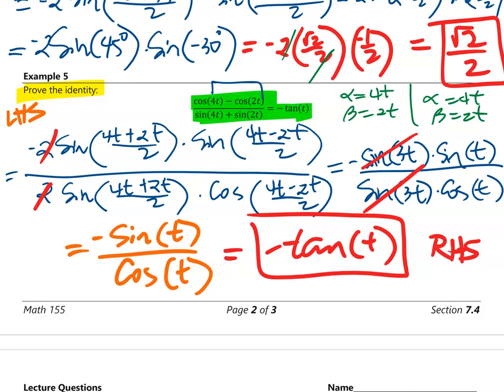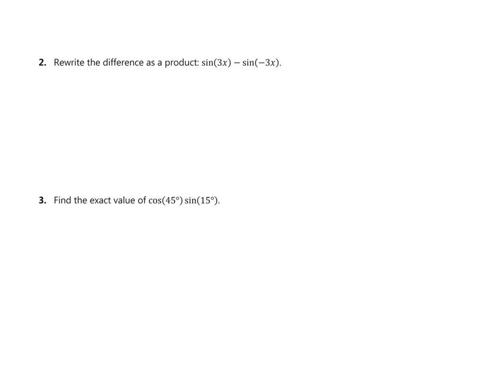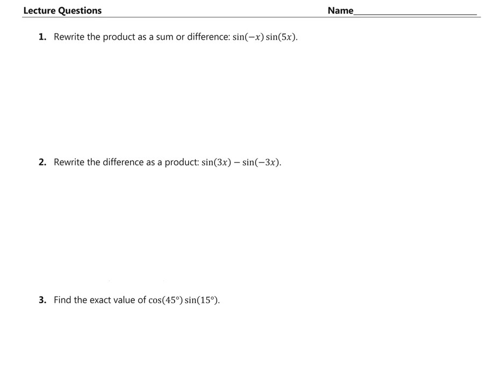Okay, now let's try some lecture questions. There are actually 3. So number 1, write the product as a sum or difference: sine of negative x times sine of 5x. So here again, alpha is negative x and beta is 5x. So go back and check which formula we're going to use.